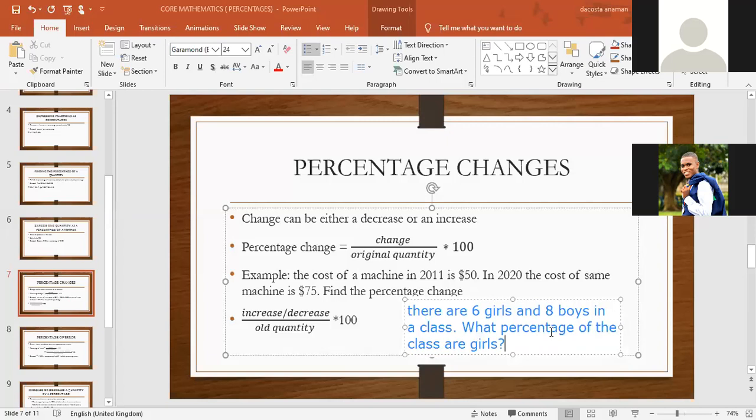What percentage of the class are girls? This one is just to test your probability knowledge. I hope you have done probability. You remember? I'm still waiting.